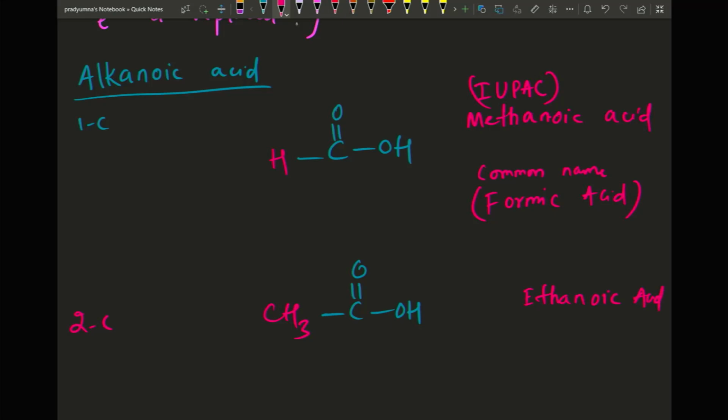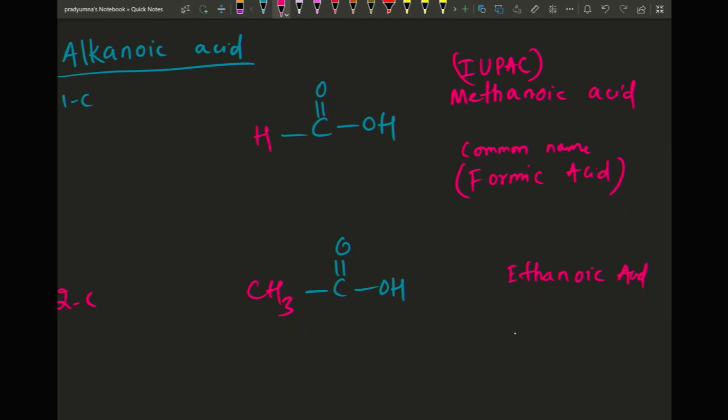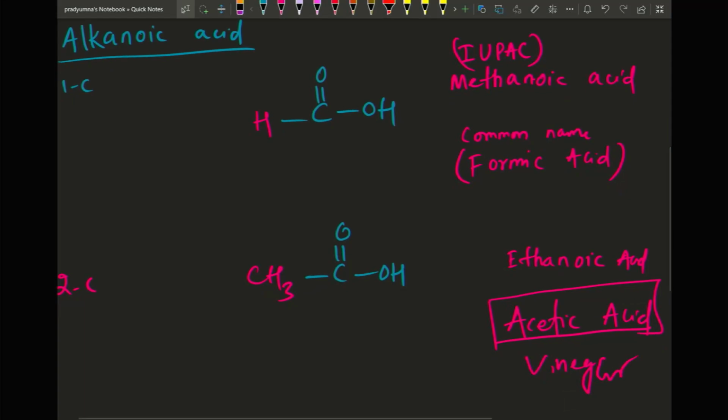So this is ethanoic acid. The common name for this one is acetic acid. And this is what makes vinegar, right? Vinegar is basically a diluted solution of acetic acid. So this is present in vinegar.